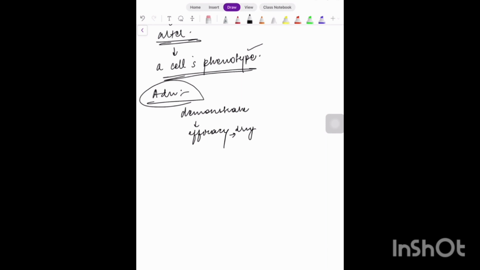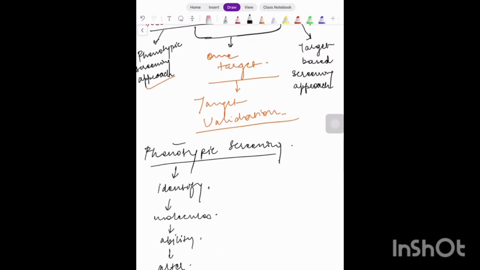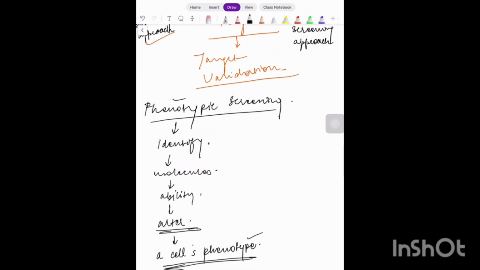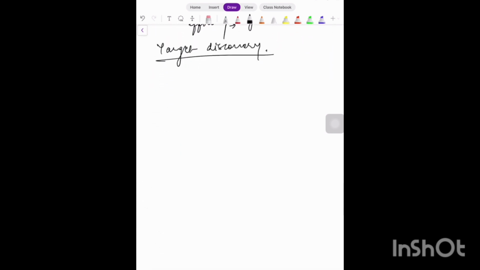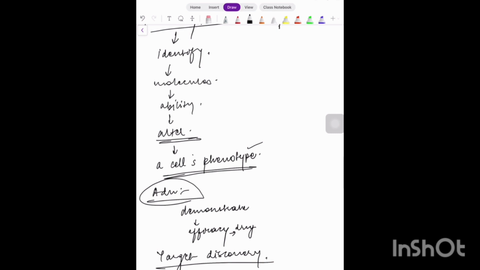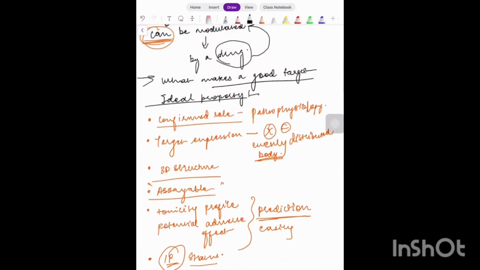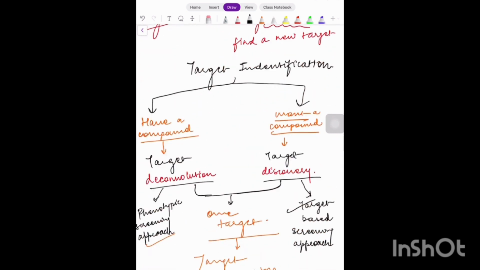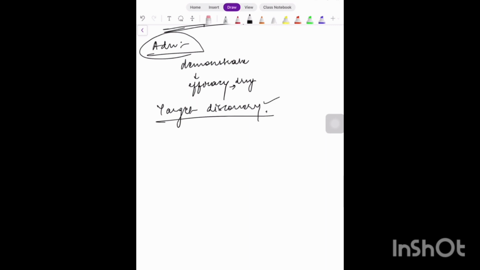Now target discovery we'll discuss a little bit. The target discovery approach, which we discussed here, is the target-based screening approach. Biological drug targets are already established. Whatever in general we learned throughout these lectures is the basis of this particular topic.